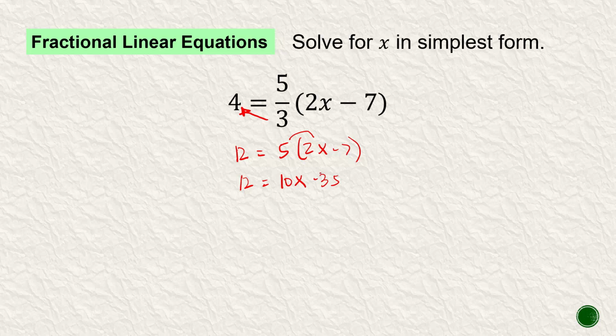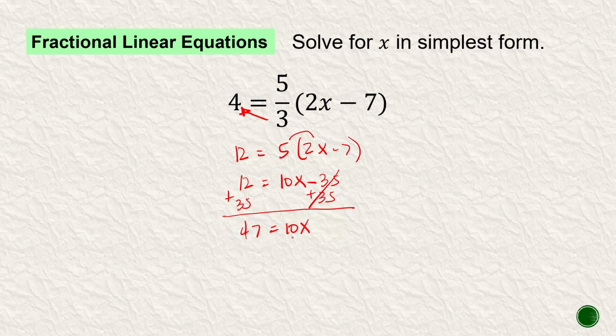The coefficient of x, which is 10, is the last number that we will remove. The inverse of negative 35 is positive 35, so I will add positive 35 on both sides, and that's gonna remove that negative 35 on the right. 12 plus 35 is equal to 47 equals 10x.